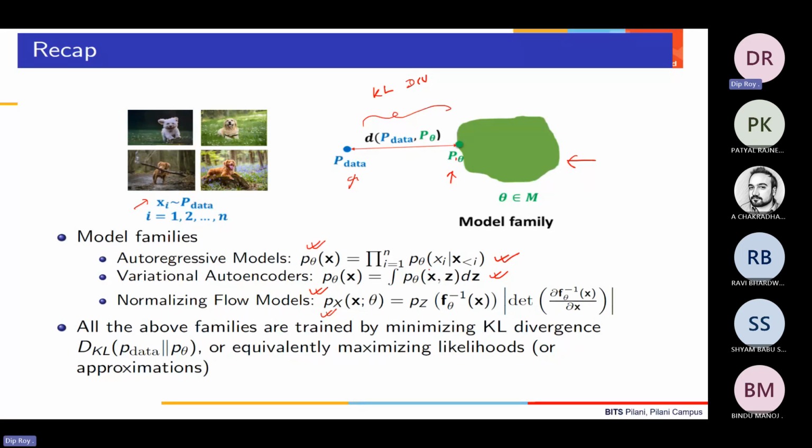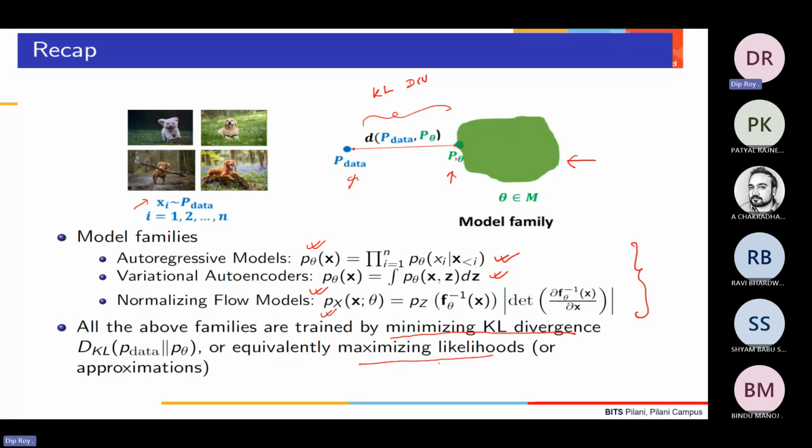In all these classes of models that we have discussed till now, the key thing we have done is minimize the KL divergence, or equivalently maximize the likelihood.